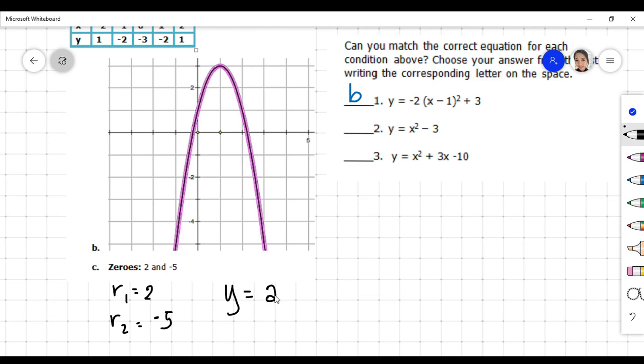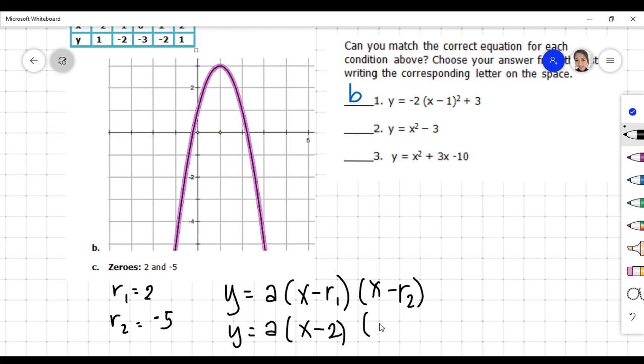Again, a could be any non-zero number or constant. So times x minus r sub 1 times x minus r sub 2. So that is y equals a times x minus 2 times x minus negative 5.